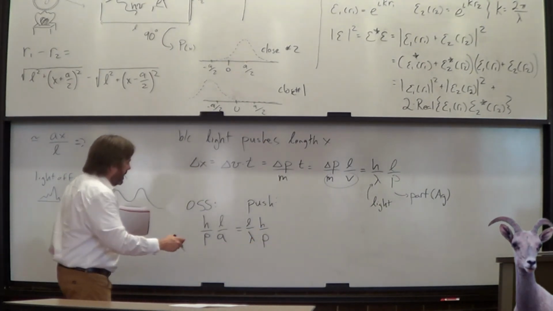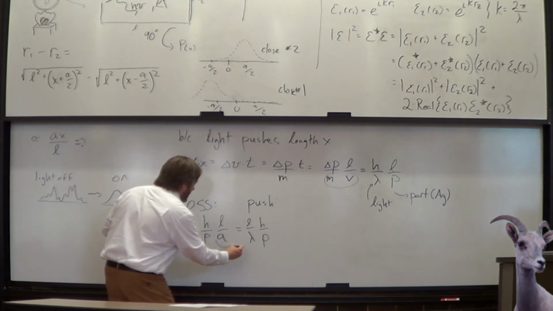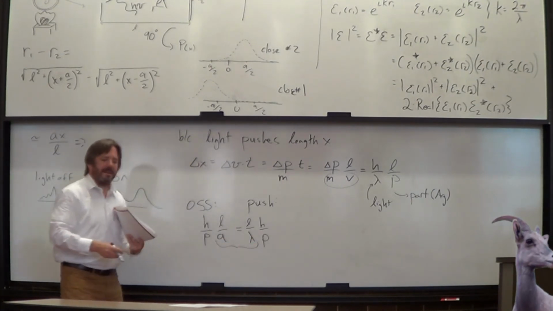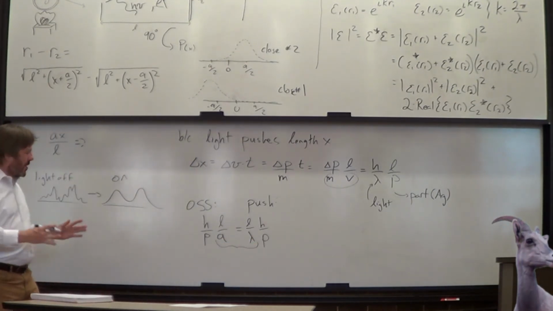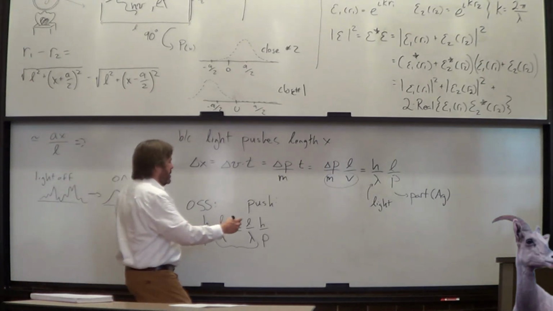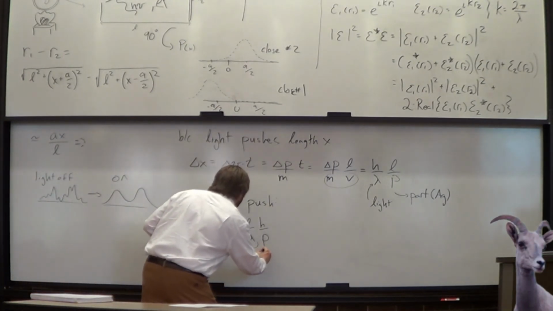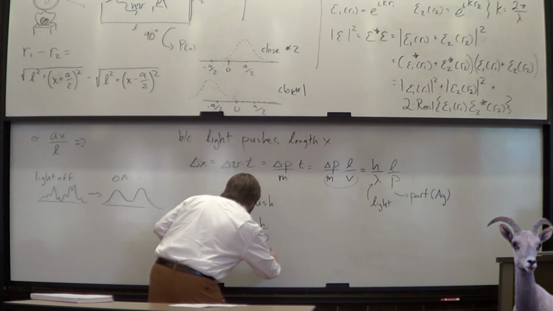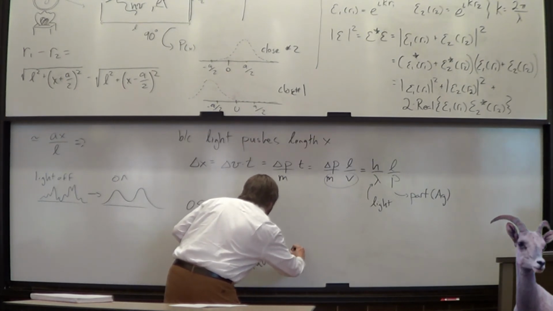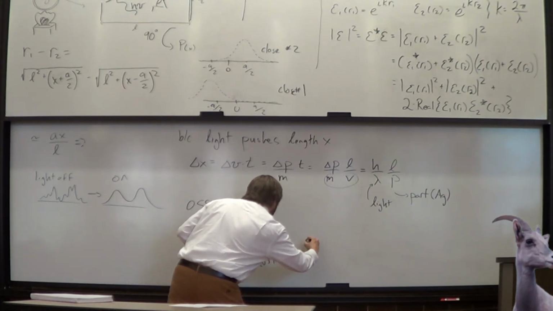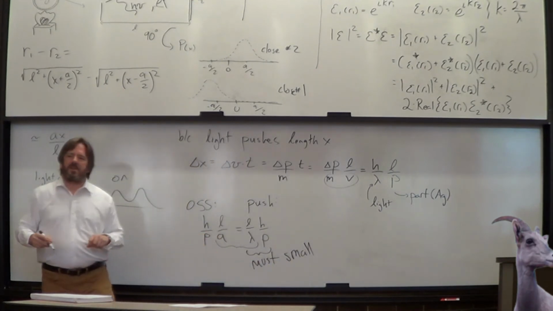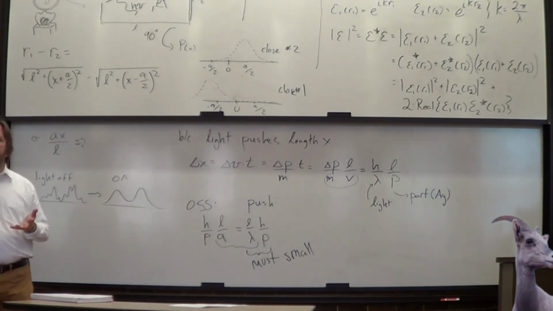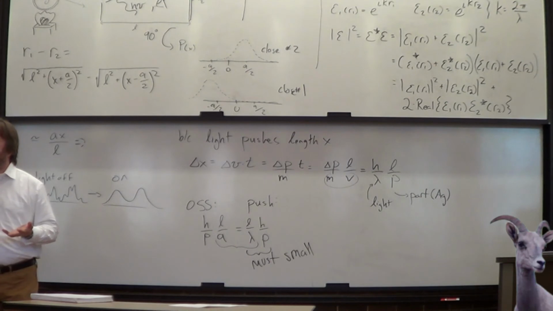What I want you to do is look at this. Now, it turns out that you want this to be small. Small compared to the oscillation. If you push the thing more than it oscillates, how can you see the oscillations? Right?